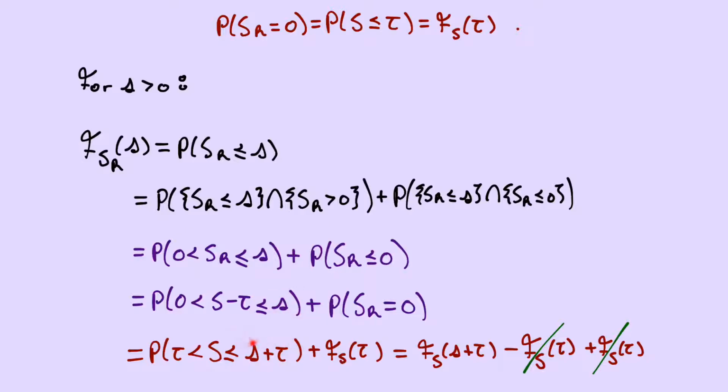That is here, and then we can compute this probability in terms of the distribution function of S. If we do that, we will get the distribution function of S evaluated on this number, that is s plus tau, minus the distribution function of S evaluated in this other number, that is tau.